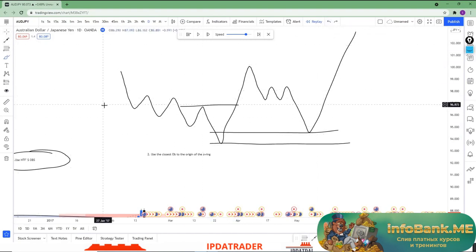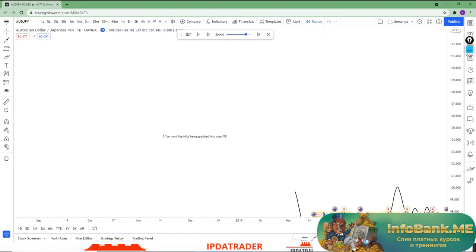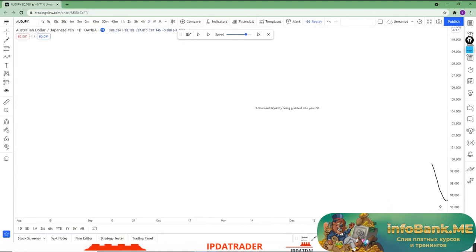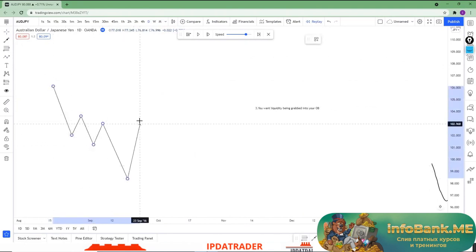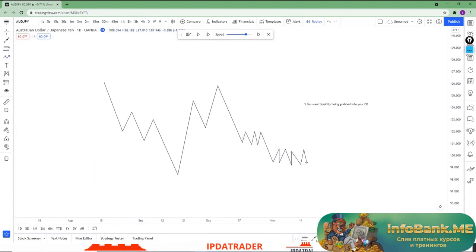And the third idea is that you want liquidity being grabbed into your OB. For the order block that you choose, you want liquidity to be grabbed into it. So let's imagine you open the charts and you see a market structure like this. As you can see, this is your break in market structure.